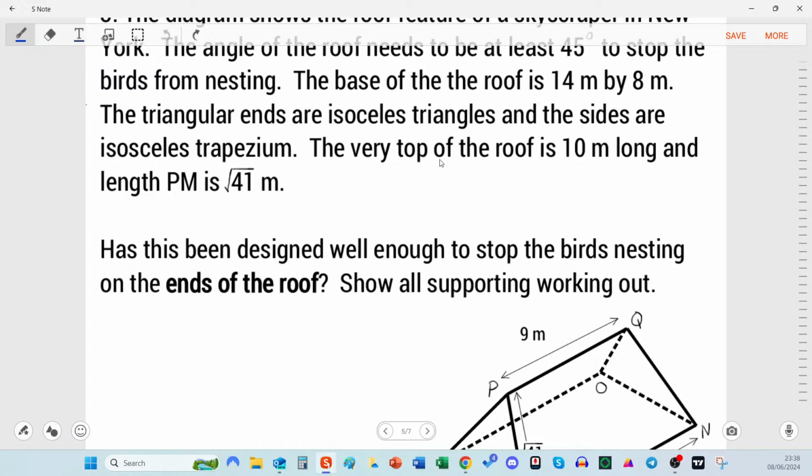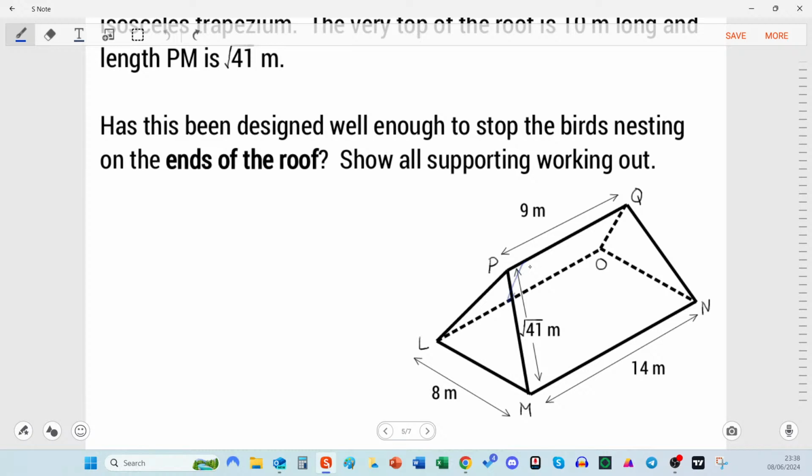And the sides are isosceles trapezium. So this would be a side here. If they're the front and back, that must be the side. An isosceles trapezium is one where you've got two parallel sides like this, and the angle created here and here is exactly the same on both sides.